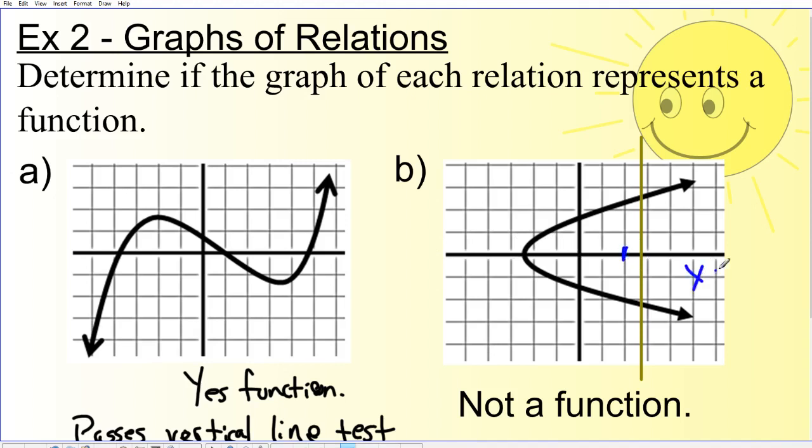When x equals 2, I have two y values. I have the y value here, so I have an x value of 2, negative 2, but also I have positive 2.3. I've got two different points. When x is equal to 2, I have two y values. That is not a function. Okay?